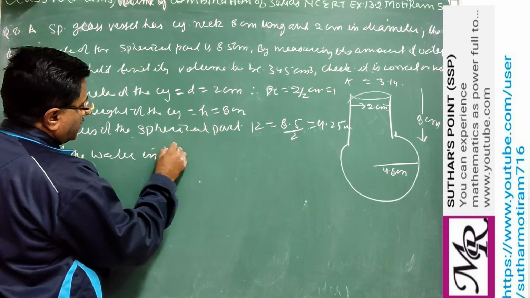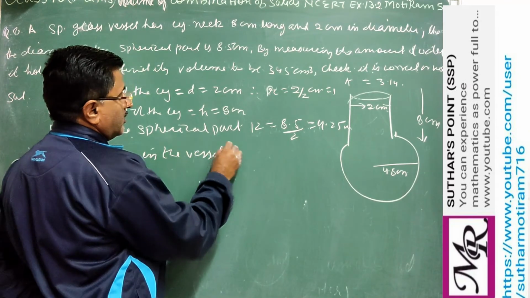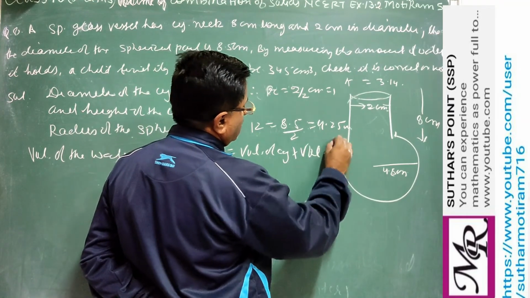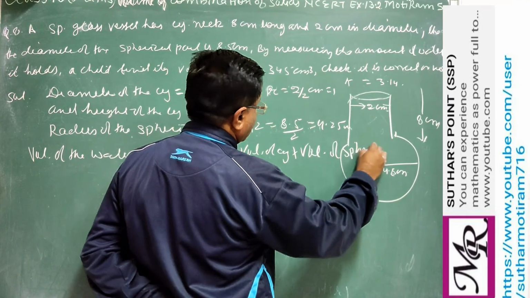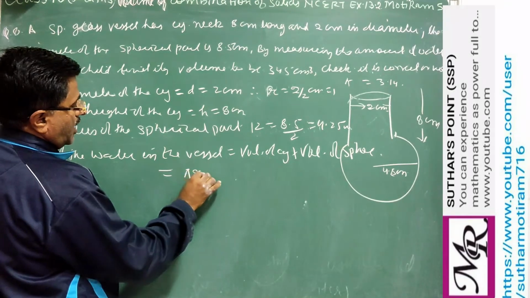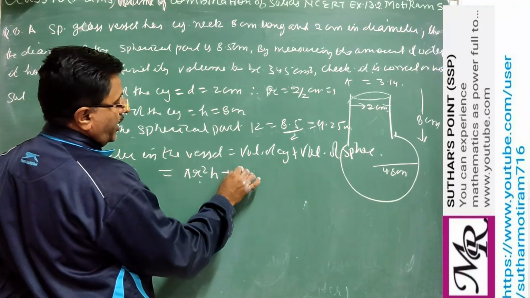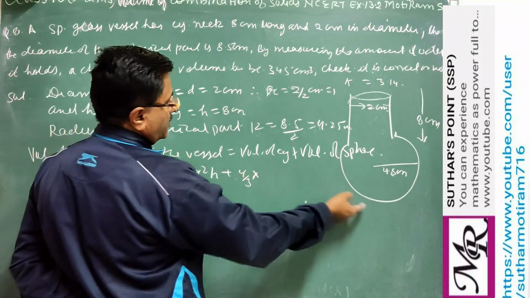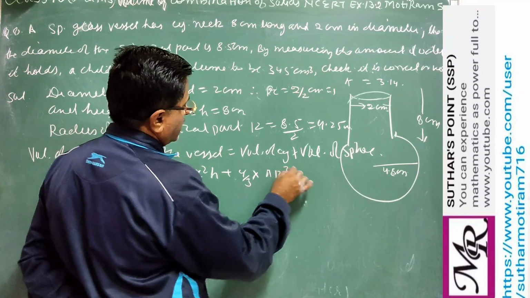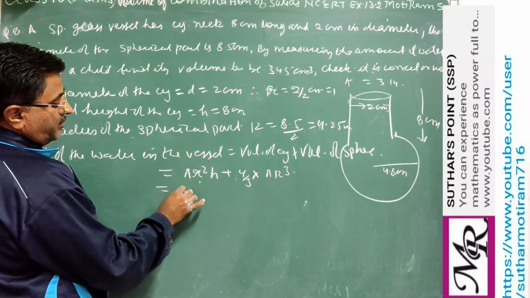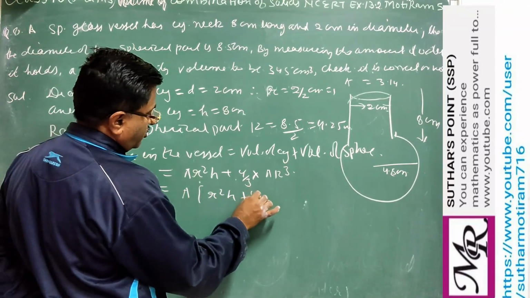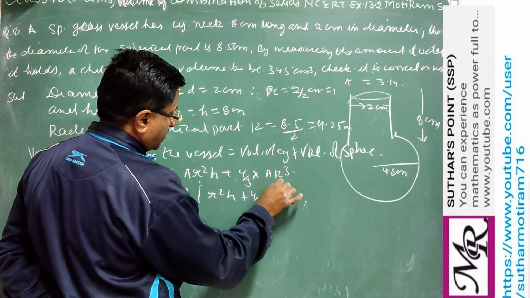So the volume of the water in the vessel is equal to the volume of the cylinder plus the volume of the sphere, and we know that the volume of a cylinder is pi r square h, and the volume of a sphere is 4 by 3 pi r cube. So you may take pi common: r square h plus 4 by 3 R cube. So put the values.